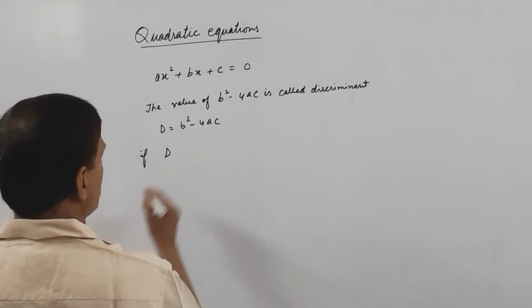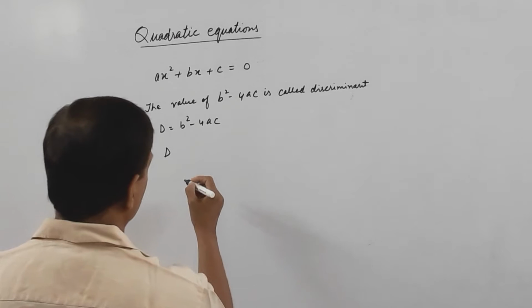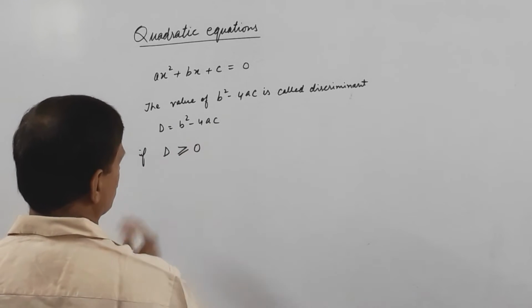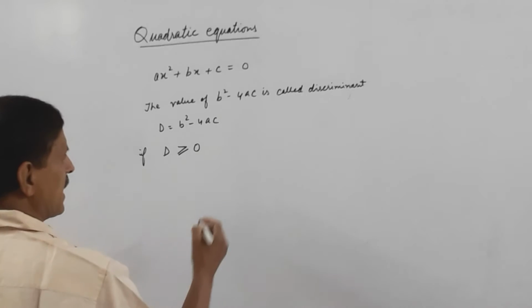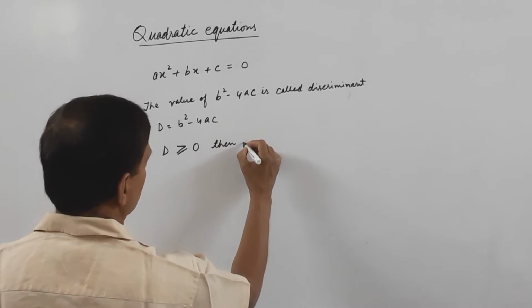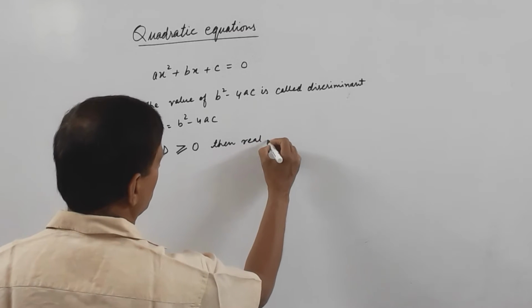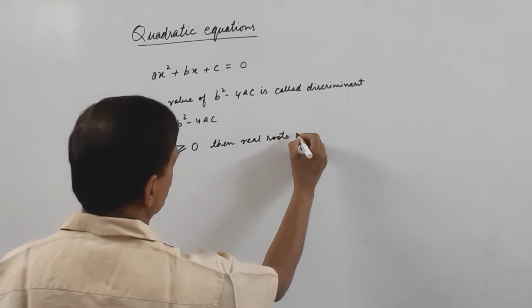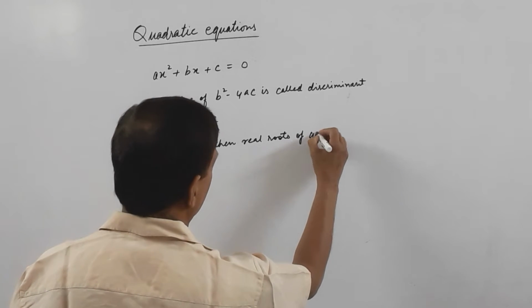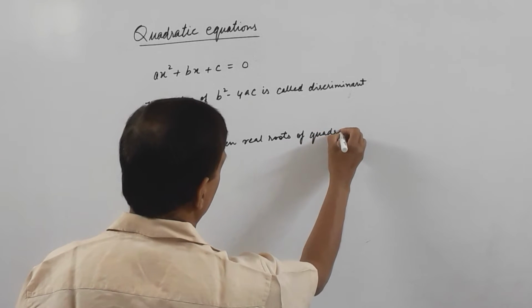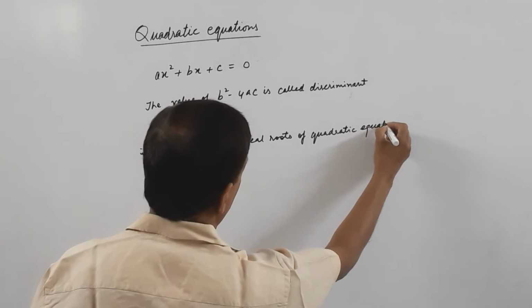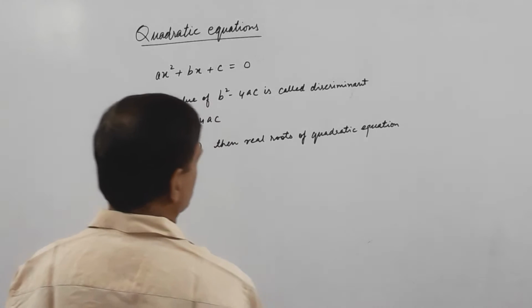If D is greater than or equal to 0, then real roots of the quadratic equation exist.